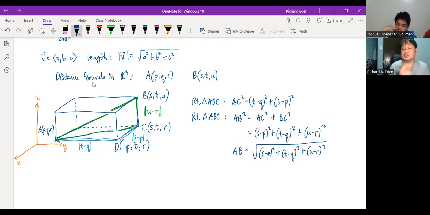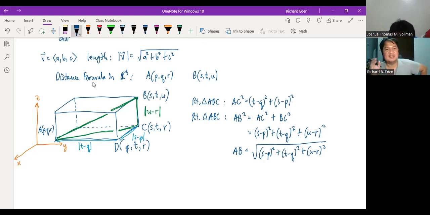And then if you compare that with the usual distance formula in two-dimensional space, we realize, hey, we are in fact doing the same thing. We are taking the corresponding coordinates, subtracting them, squaring, adding, and then taking the square root.